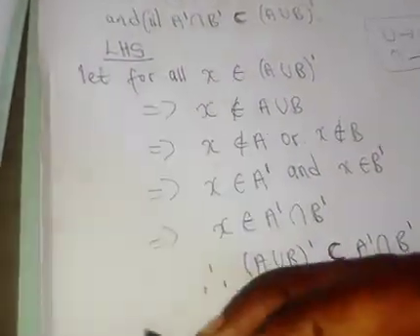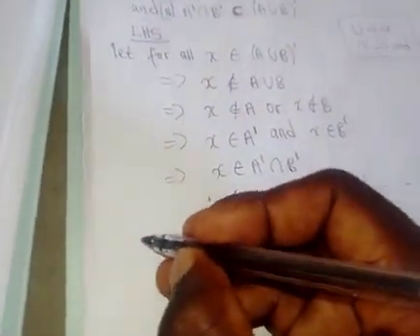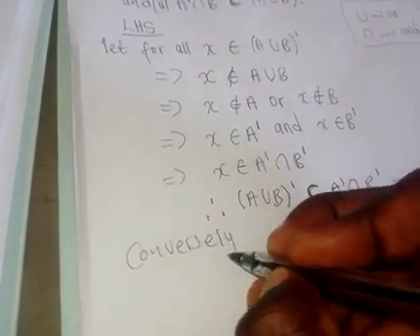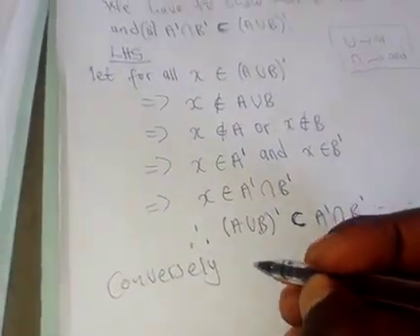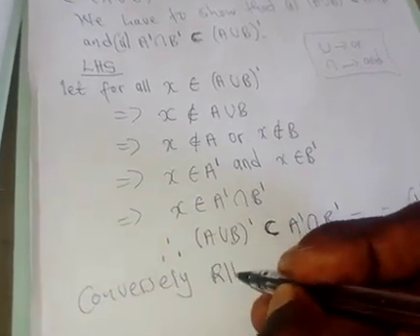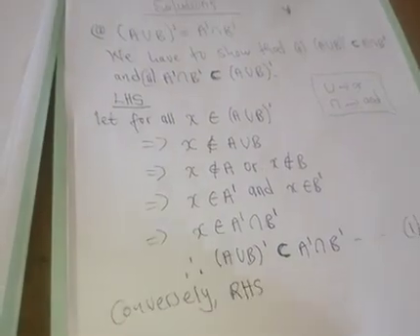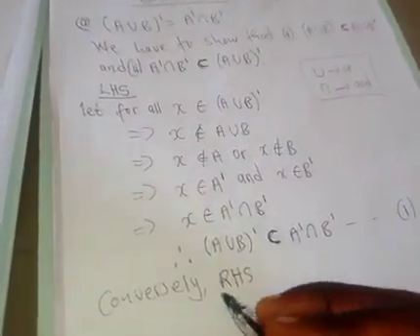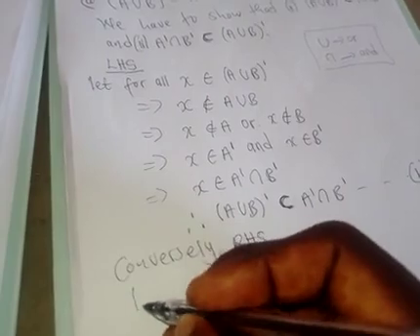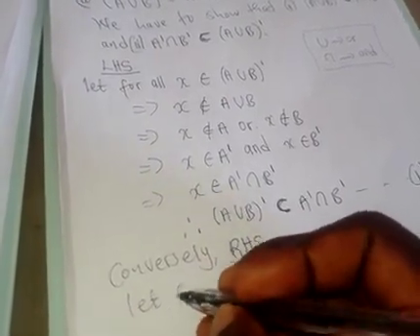Then we'll say conversely, meaning we have to prove now from the right hand side. So we start with the right hand side. For the right hand side, you pick what you have on the right hand side.